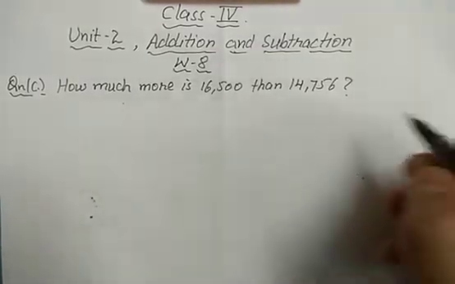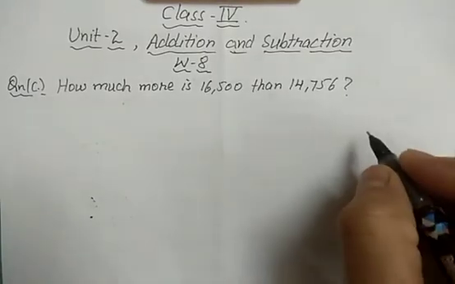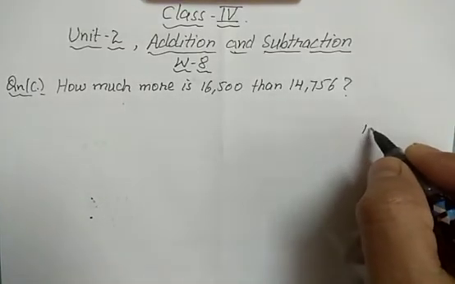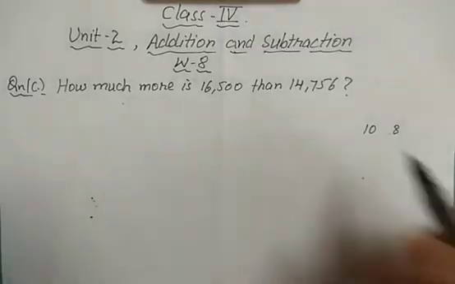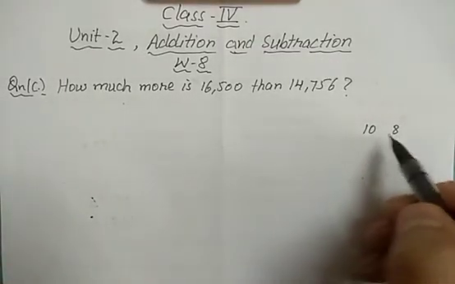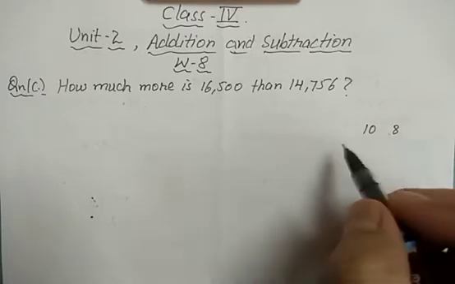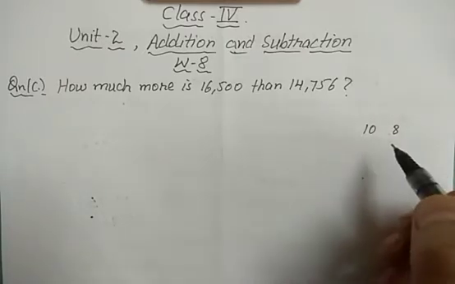Suppose we take smaller numbers to understand this question. Suppose there are two numbers, 10 and 8. Now you have to tell me how much 10 is greater than 8. You know that 10 is 2 more than 8, but how does it come?